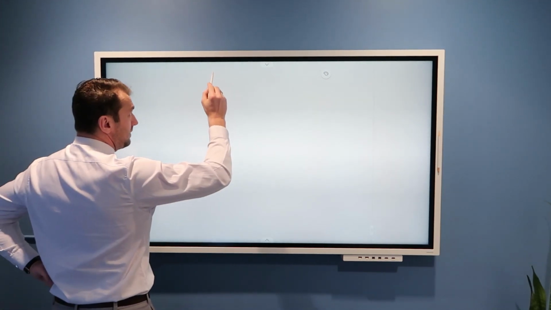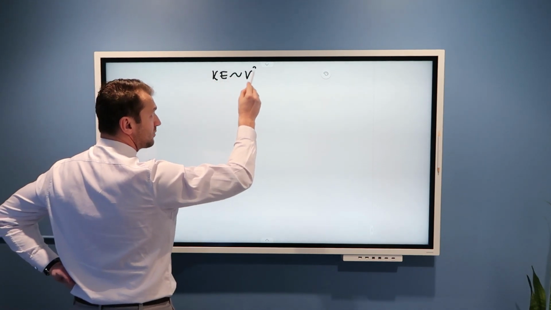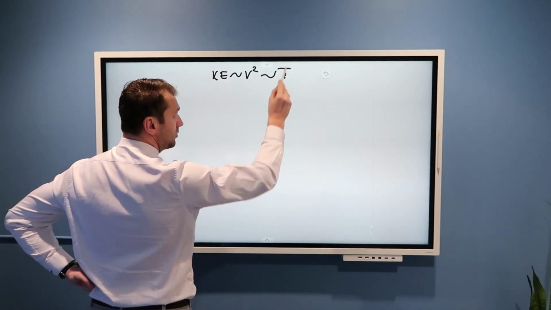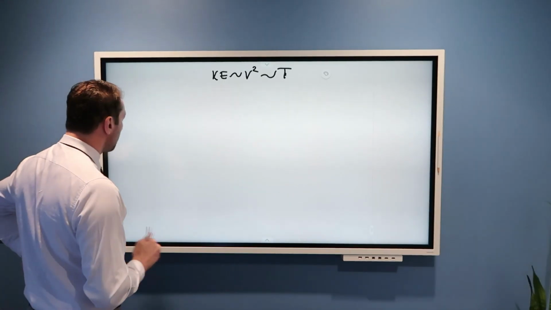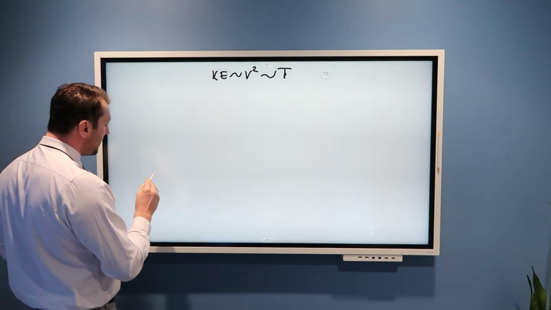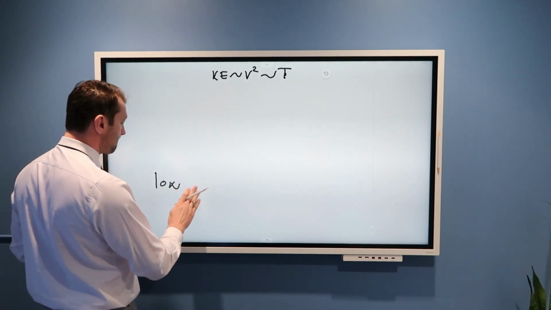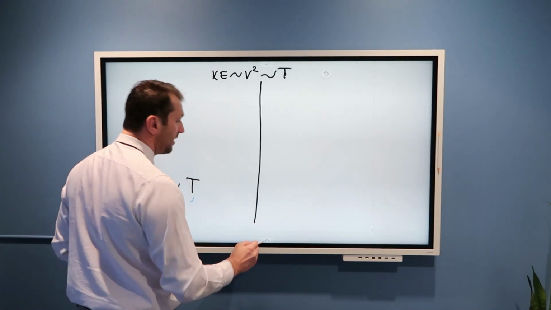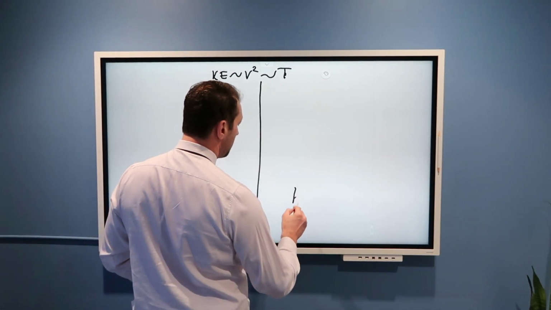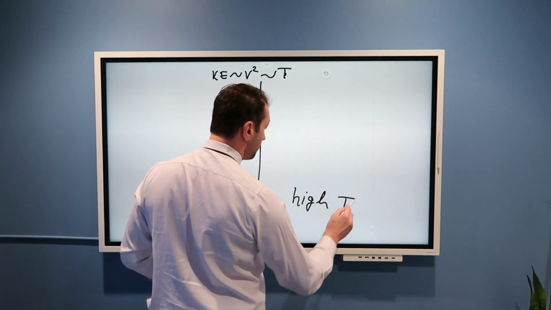So, as I said, kinetic energy is proportional to v squared, and that is proportional to temperature. That is just what I discussed now. Let us say low temperature here, and let us examine here the case of high temperature.